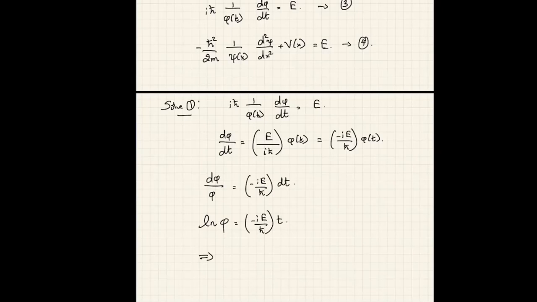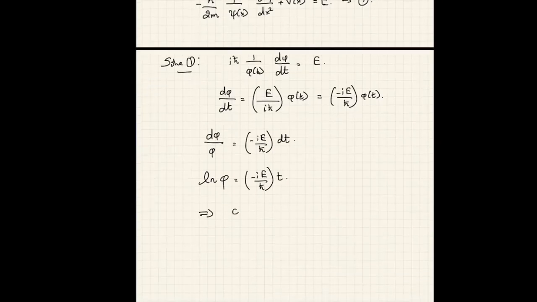And the solution of this is nothing but φ(t) equals some A e to the minus iE over ħ times t. Okay. So the time dependence is actually quite easily obtained once you put in the variable separable form. The time dependence is simply oscillatory.